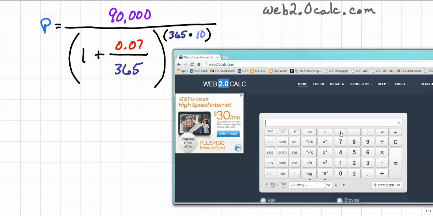So if I enter a parentheses and then enter the number 90,000 and I close the parentheses, notice that I've gone too far and it shows up above and also in the calculation window. So I need to fix that. And we will go ahead and back out of this thing.